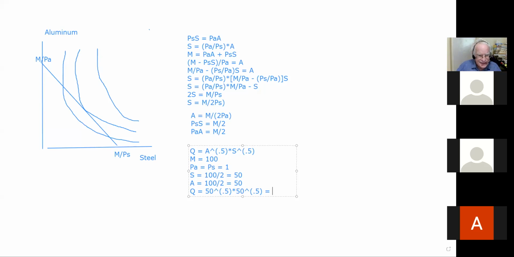So what is Q? And that's right. Q is just 50. So what looks like an incredibly complicated problem turns out to be very simple to solve.